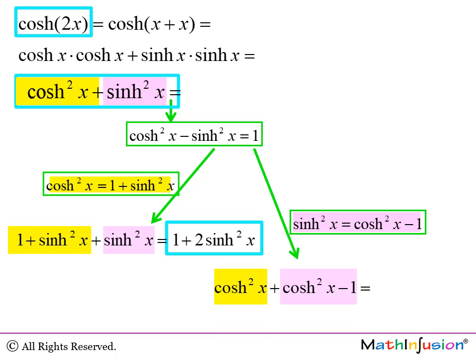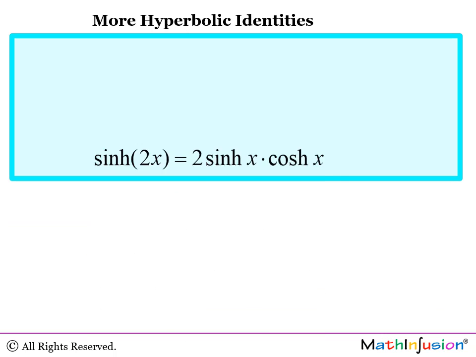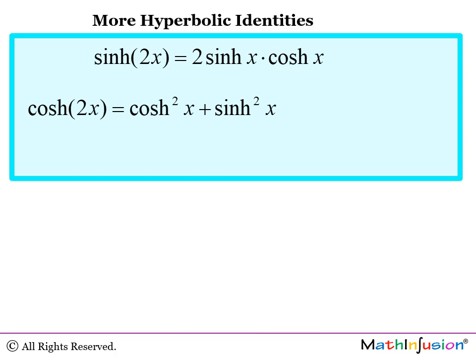So here I'm substituting for that, and I get this. So here is a summary for that. Cosine hyperbolic 2x can be written also as this one, and also as this one.